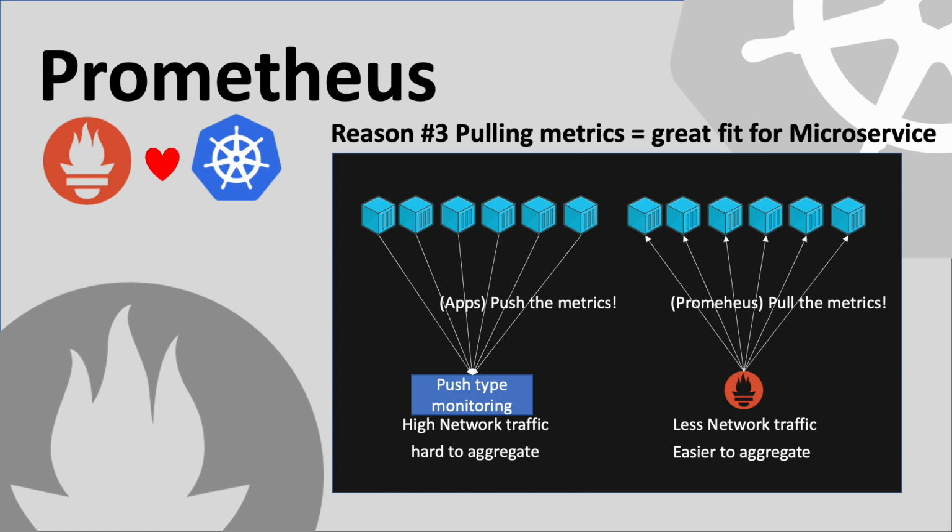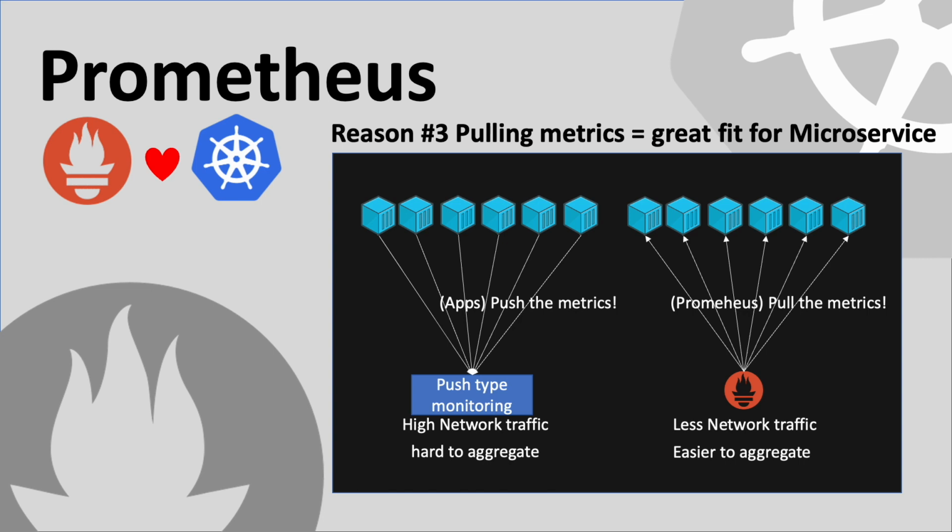Those two types both have pros and cons. However, if you solely think about a microservice environment, you will see that from the architecture, it will require less network traffic, and also when the number of applications is increasing, you don't have to configure the endpoint and Prometheus will scrape the metrics from them automatically. So it's better for aggregation.